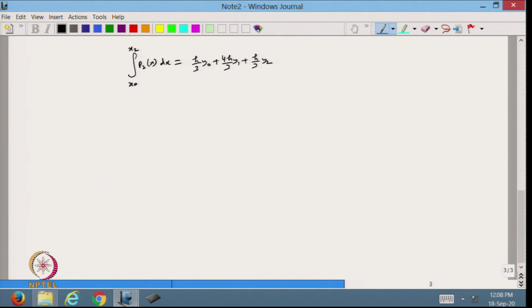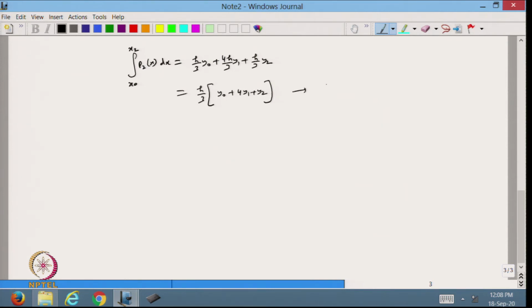And now from here I can take h by 3 common. So, I will get y0 plus 4 y1 plus y2. So, this is the integration we are going to get when we approximate with the second degree interpolating polynomial. So, in this case I am getting h by 3.